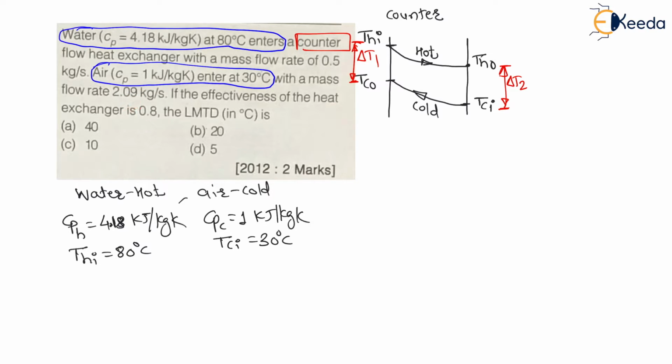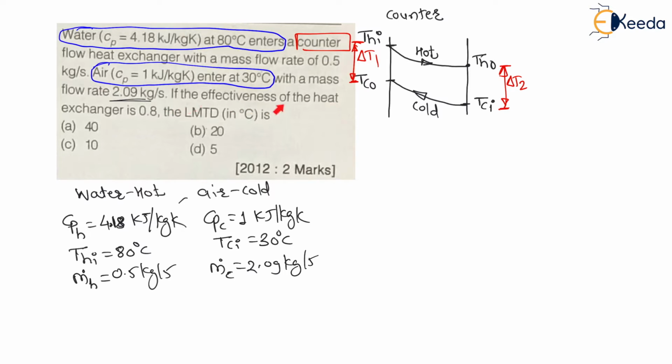So let us write down this mass flow rate. Here mass flow rate of water is also given. Mass flow rate of water is 0.5 kg per second. Therefore here mass flow rate of water is nothing but mass flow rate of hot fluid is equal to 0.5 kg per second, and mass flow rate of air, that is mass flow rate of cold fluid, is equal to 2.09 kg per second.